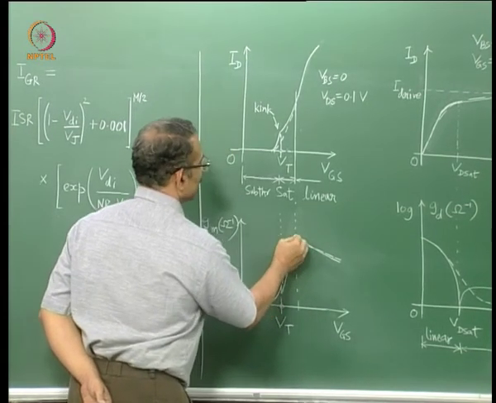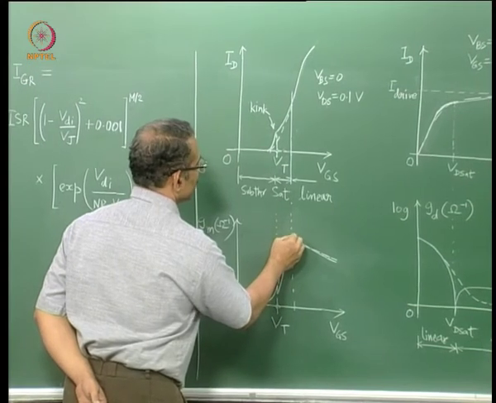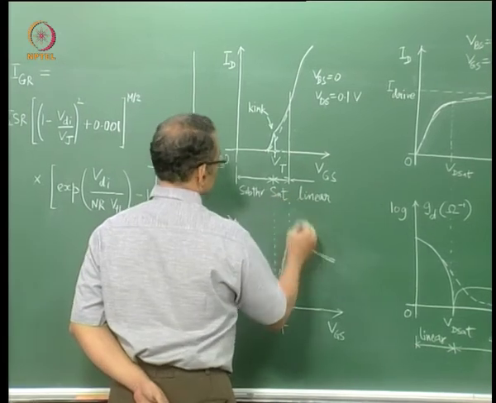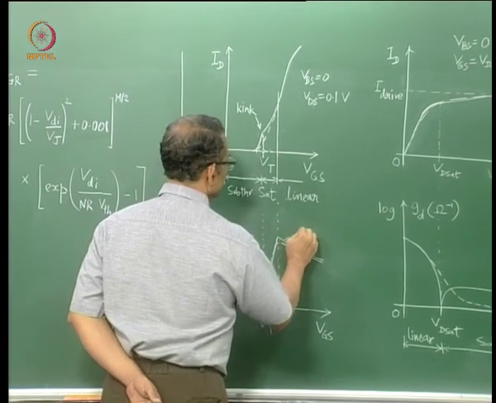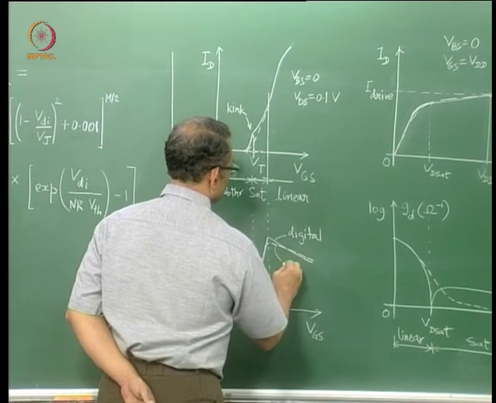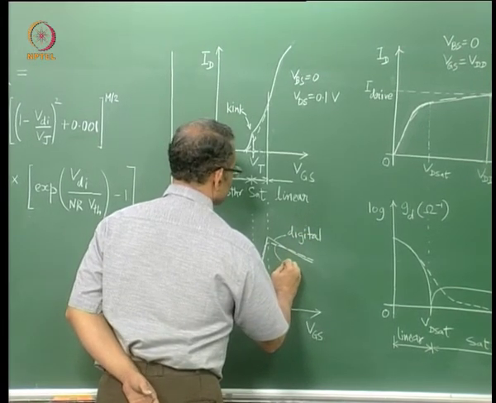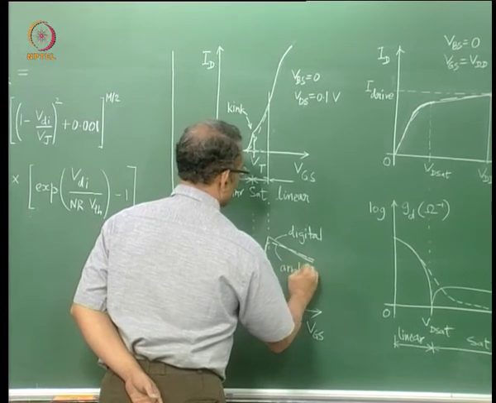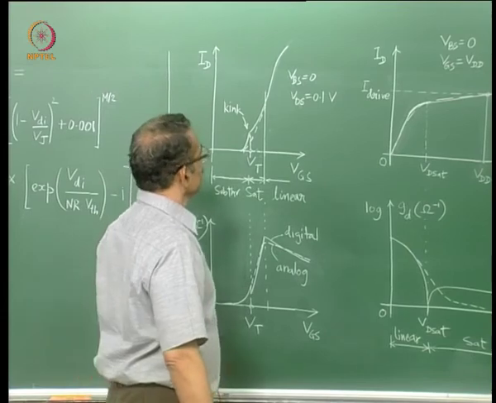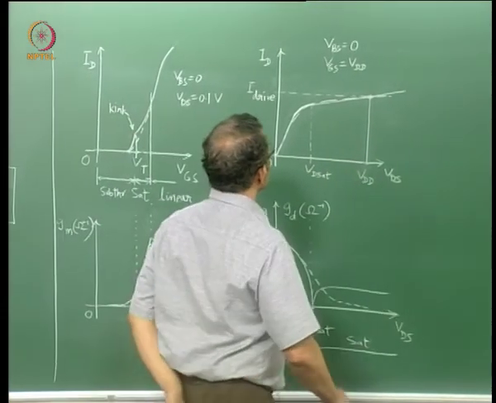You see another sharp point in the digital model at this point, which is not there in the analog curve. So the solid line is the digital model and the dashed line is the result from analog models in all these diagrams that we are going to show. Look at the ID-VDS curve.